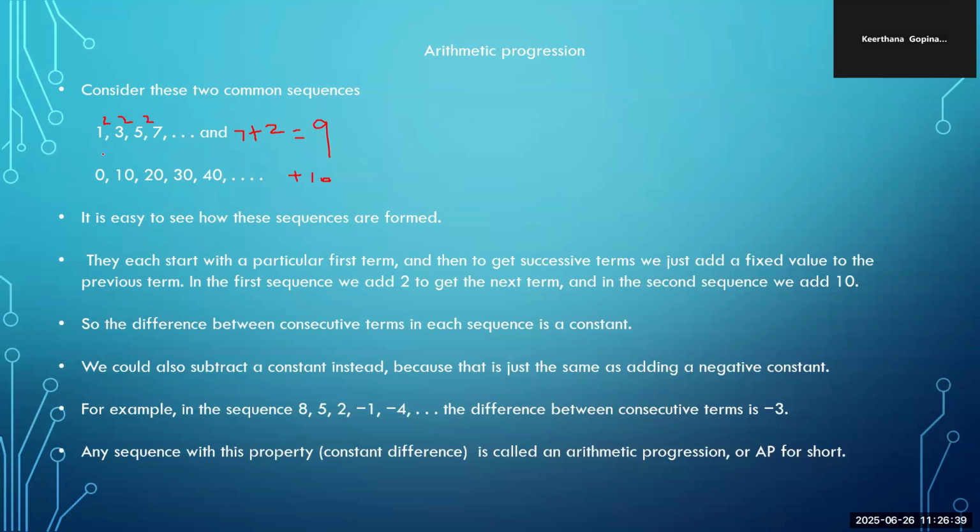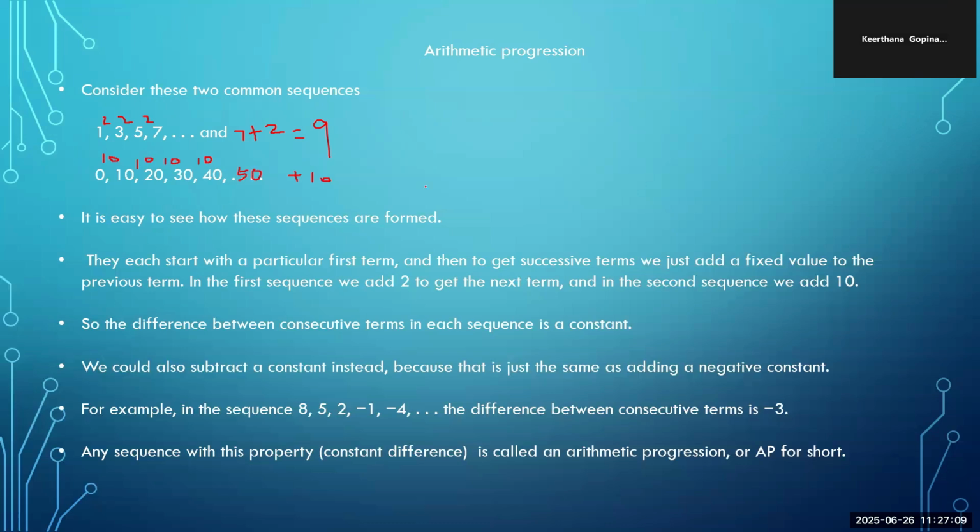So 0 plus 10 will give you 10. 10 plus 10 will give you 20. 20 plus 10 will give you 30. 30 plus 10 will give you 40. And then what will be the next term? 40 plus 10 equals 50. The next term will be 50. This is how you find a term.